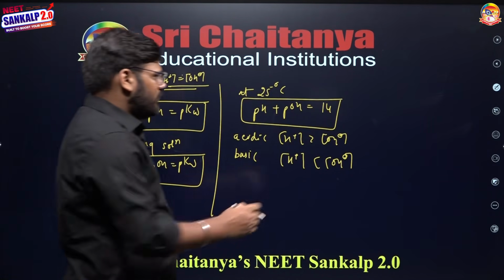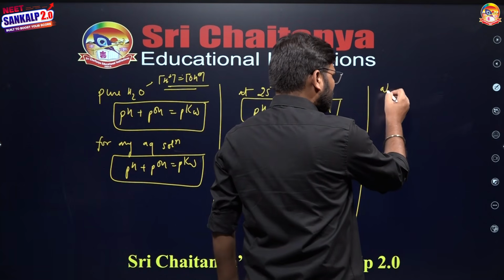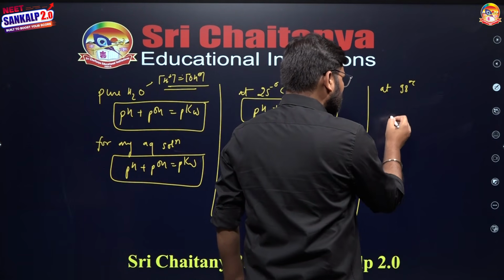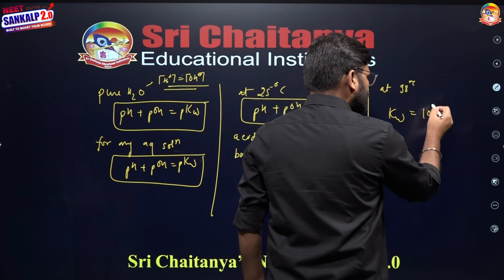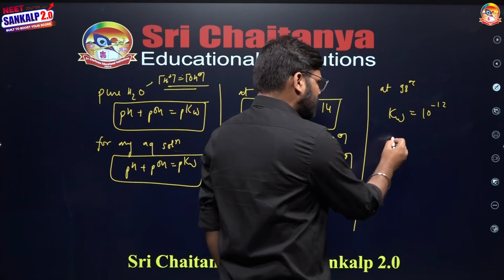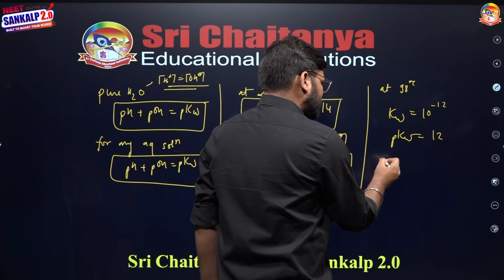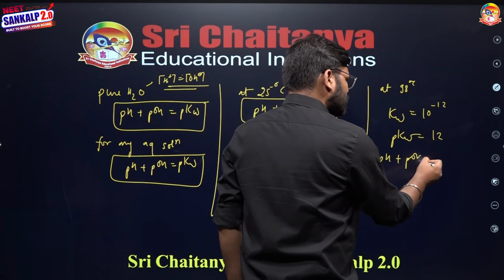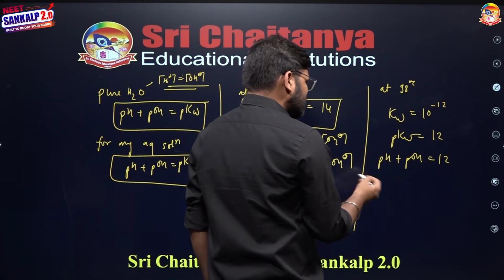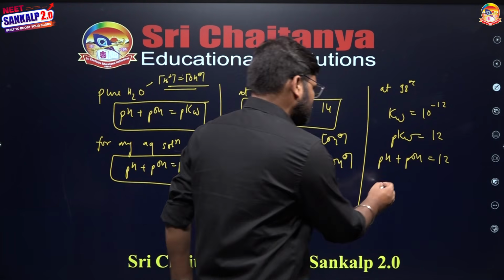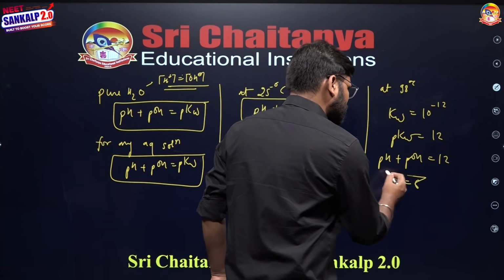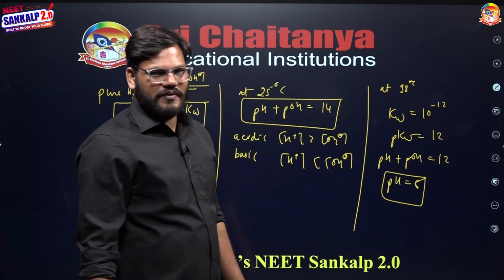minus. For example, at 98 degrees Celsius, this Kw becomes 10 raised to minus 12. Then pKw will become 12. Then pH plus pOH will become 12. As the concentration of H plus and OH minus is equal, then pH will become 6. Can the solution be acidic or basic?